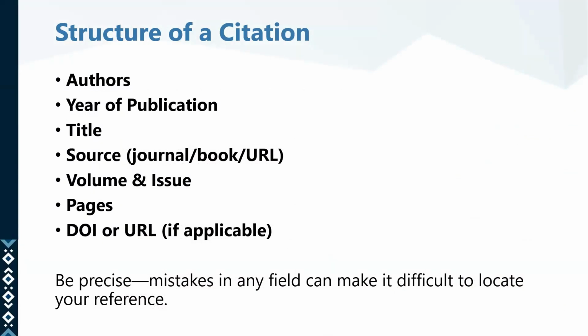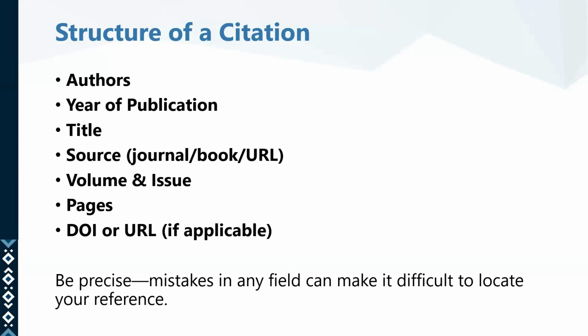The first element is the author or the editor name, followed by the year of publication. When you go through the source, you need to know which year the document has been published or released. Then the title of the document, the source, is it a journal article, is it a book, is it a web page, the volume and the issue number, and also the page where you got the information you are citing.